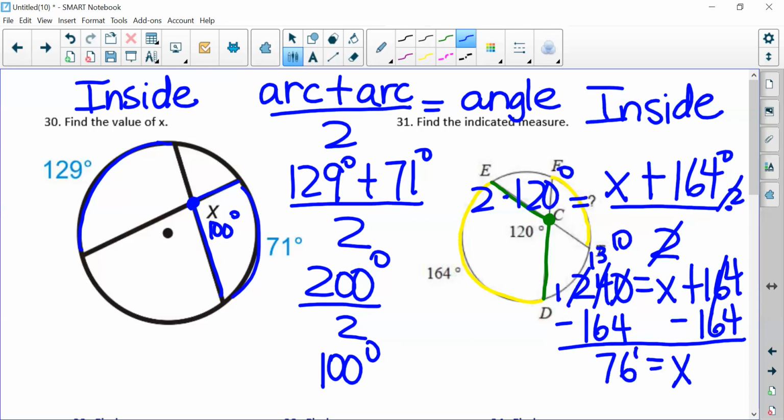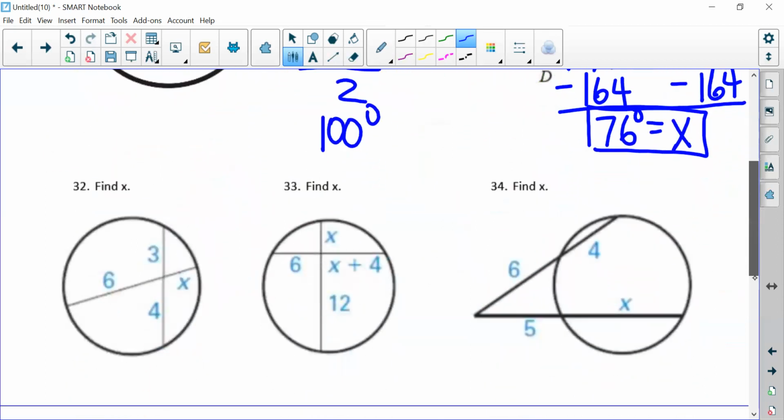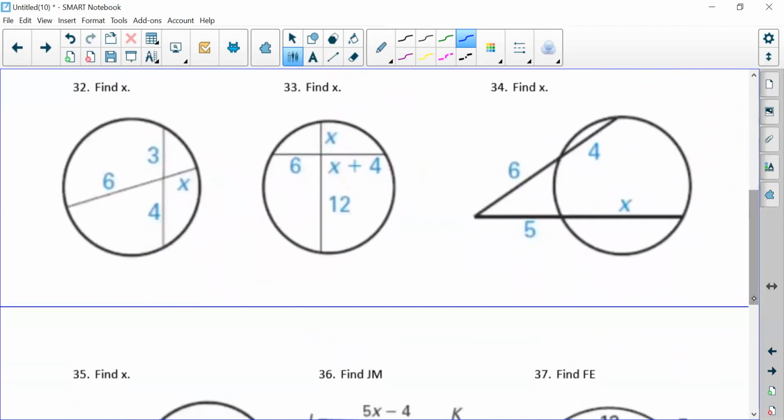And that tells us that the measure of arc FT is 76, okay? Y'all, please make sure that you understand if the vertex of your angle is inside the circle or outside the circle, okay? Because that makes a huge difference on how you solve your problem.